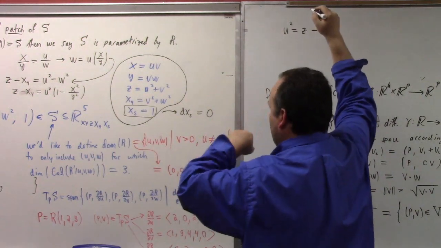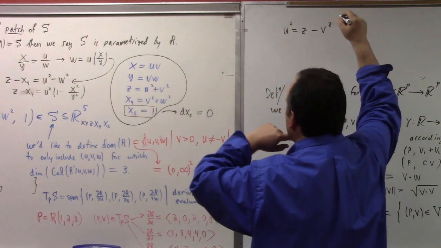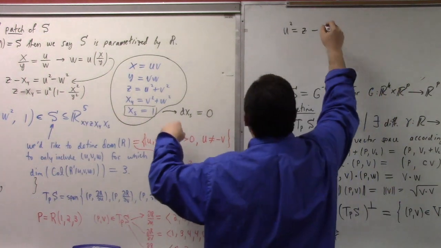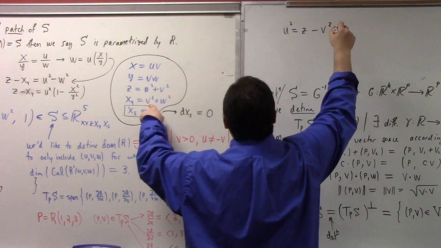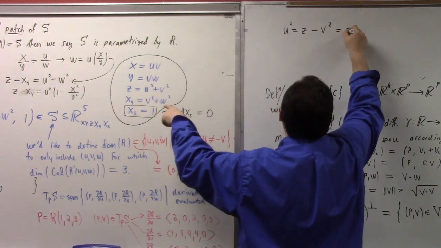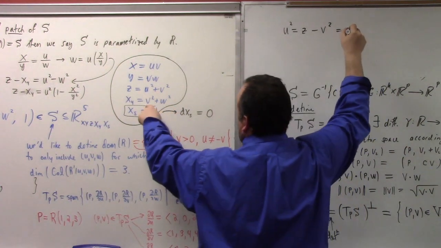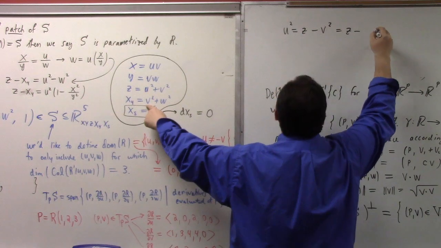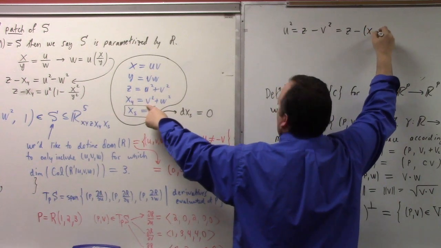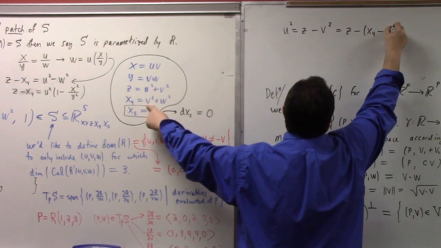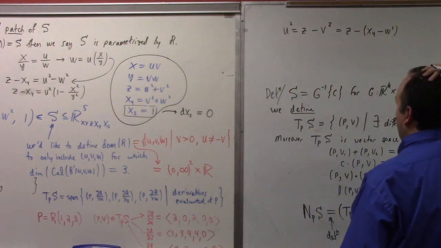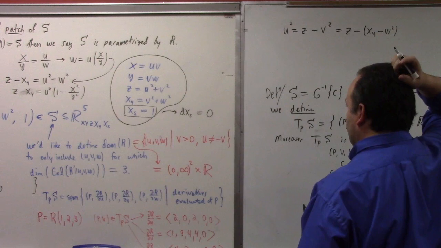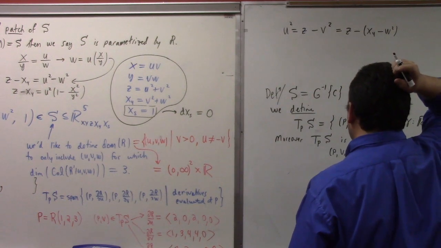Now the annoying thing about that is it brings in a v squared, which I don't want. And I can trade that v squared for z minus x4 minus w squared, right? But now I've got this annoying w squared, right?